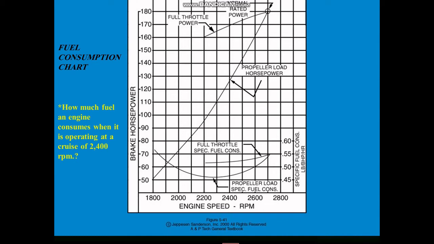We will go to this chart. You will find the 2400 RPM. Now you will make a line until you intersect with the specific fuel consumption. Now we have this intersection.